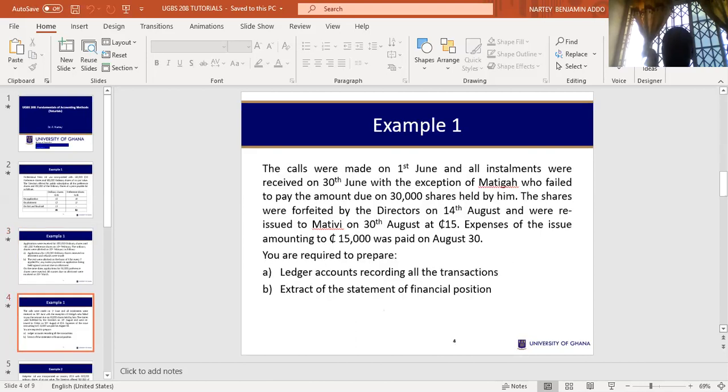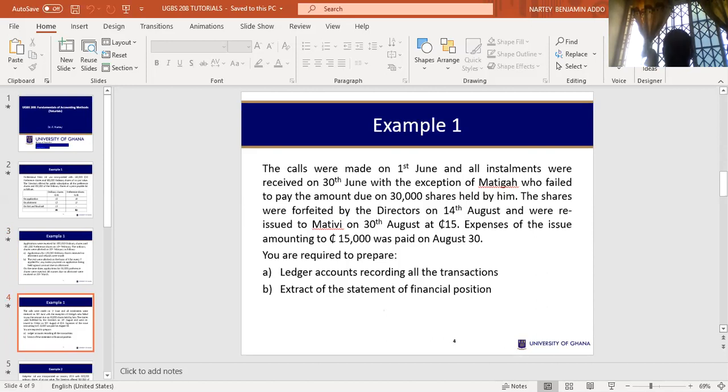Now, the calls were made on 1st June and all installments were received on 30th June, with the exception of Matiga, who failed to pay the amount due on 30,000 shares held by him. The shares were forfeited by the directors on 14th August and were reissued to Mativi on 30th August at 15 cedis per share.